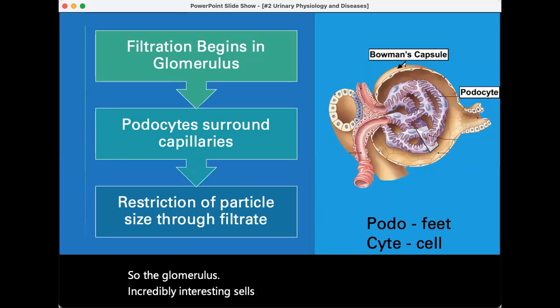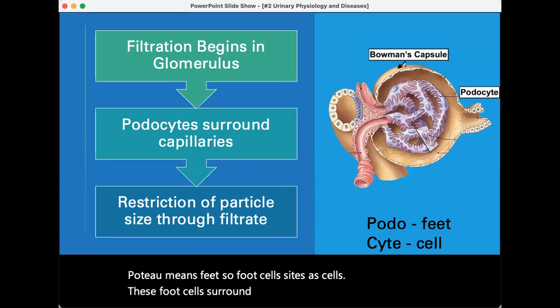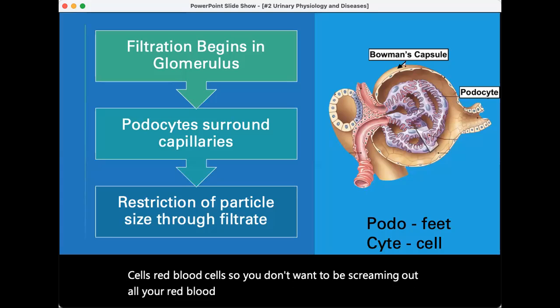It has these podocytes. Podo means feet, so foot cells, cytes is cells. These foot cells surround this capillary bed within this glomerular capsule. And that allows only so much filtration to come through. So they're trying to restrict the particle size. And particle size would include things like cells, like red blood cells. So you don't want to be excreting out all your red blood cells at this point.